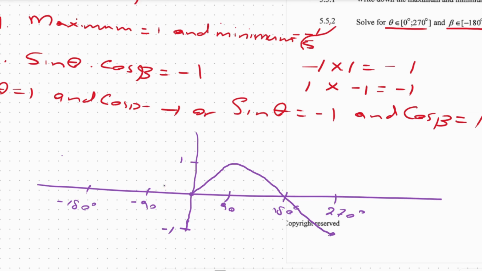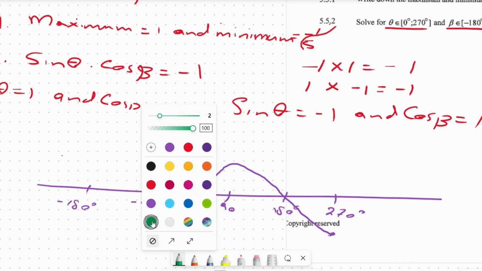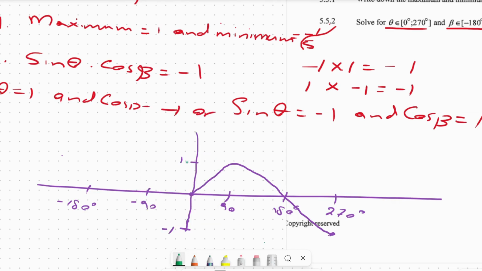Then let's go for beta. Remember, it starts from 1 at 0. Beta goes to 90, it stops there, and then goes on to -180. So it's going to go like that.